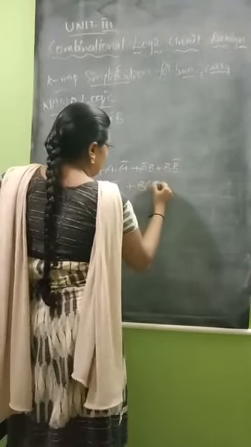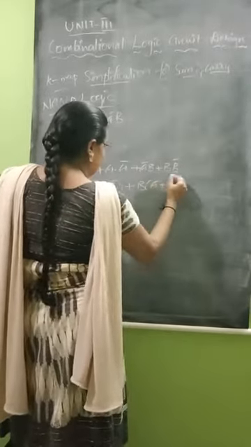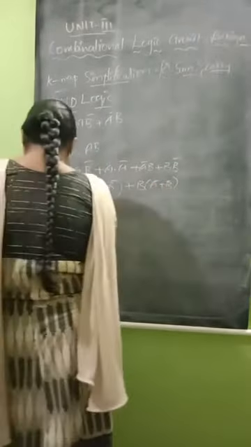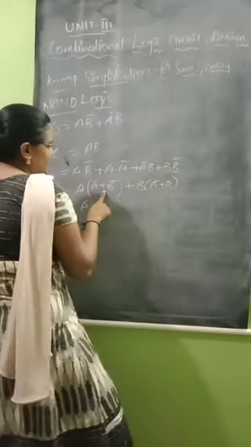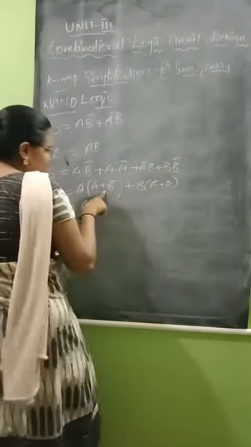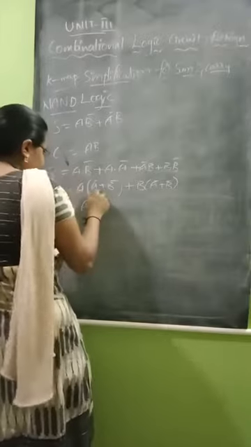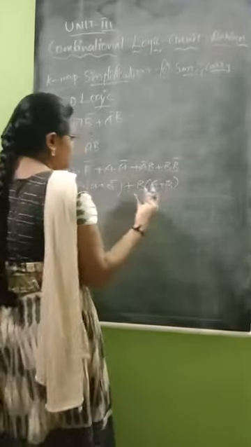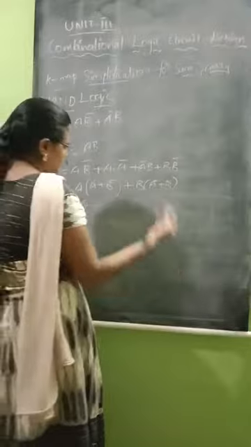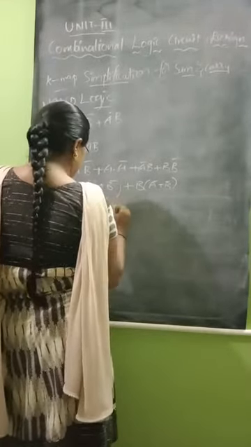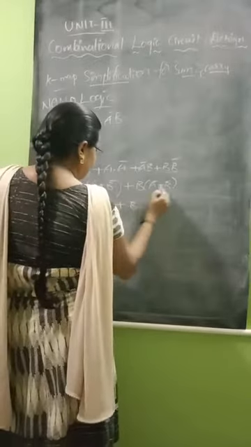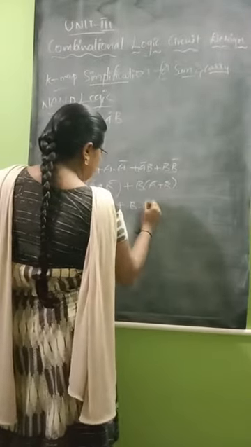So here, by De Morgan's theorem, the OR operation is changed to the AND operation, and the AND operation is changed to OR operation. So A B bar plus B into, here also applied like this.